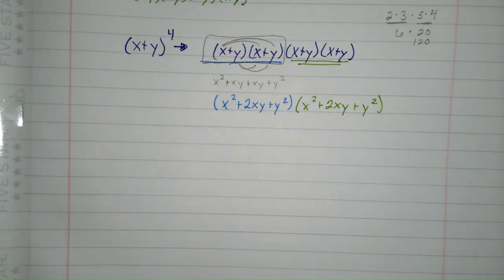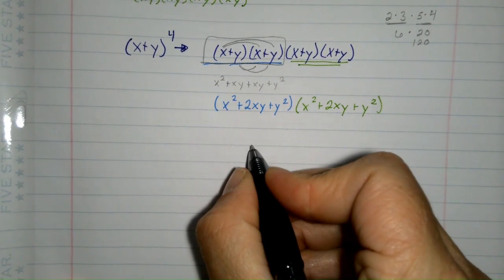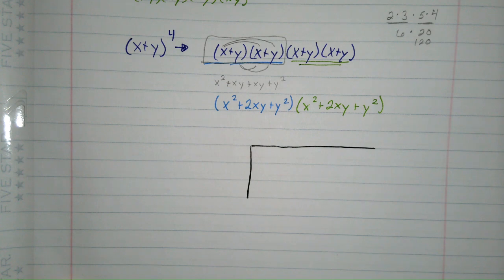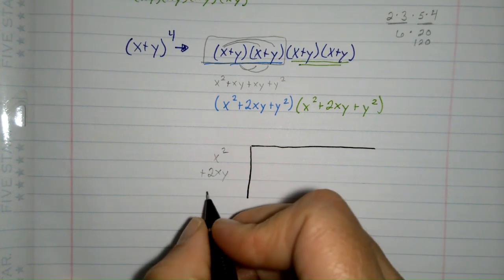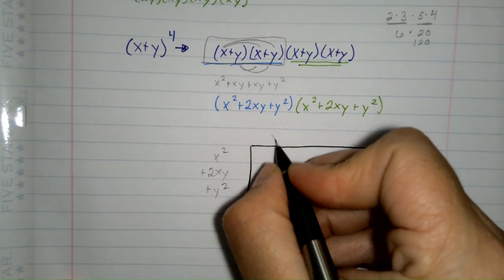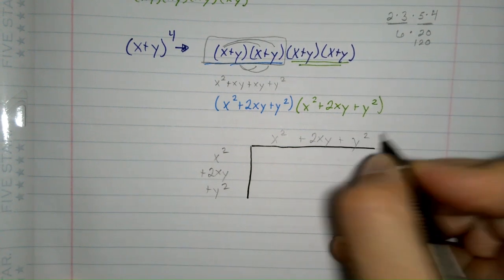So I'm going to use a grid to multiply that out to keep everything organized. A 3 by 3 grid. We have x squared plus 2xy plus y squared, x squared plus 2xy plus y squared.